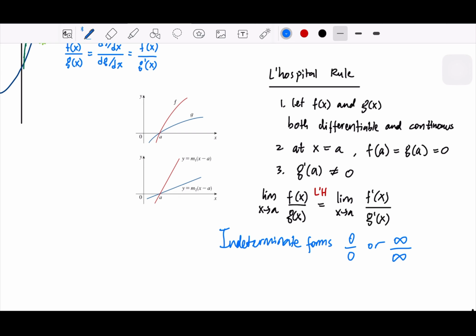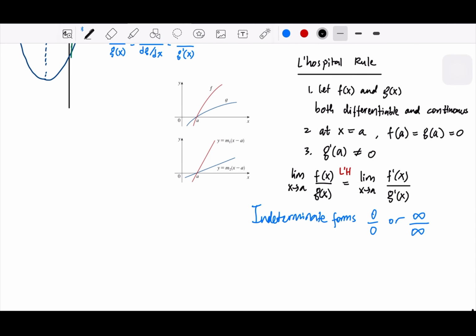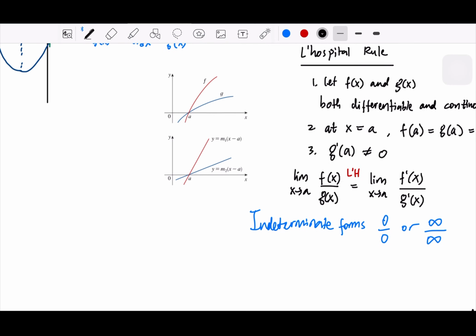To give you a little bit of proof for this general L'Hopital rule to be true, we can take our time. Let me write on the left so we still have some space.